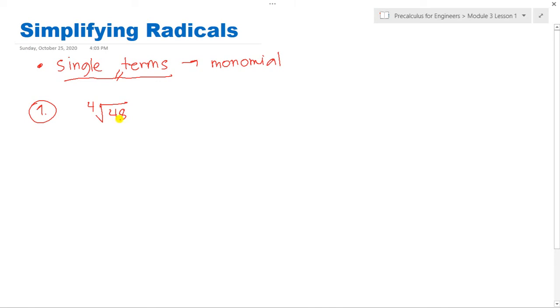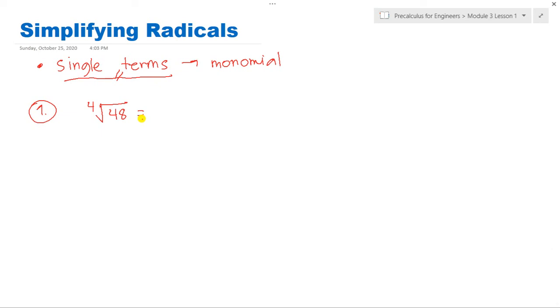Siguro sa mga iba diyan na medyo advanced na, maka-figure out din kayo kung ano ang factor ng 48 na may fourth root. But para sa iba, you just take one step at a time, so let's do this.